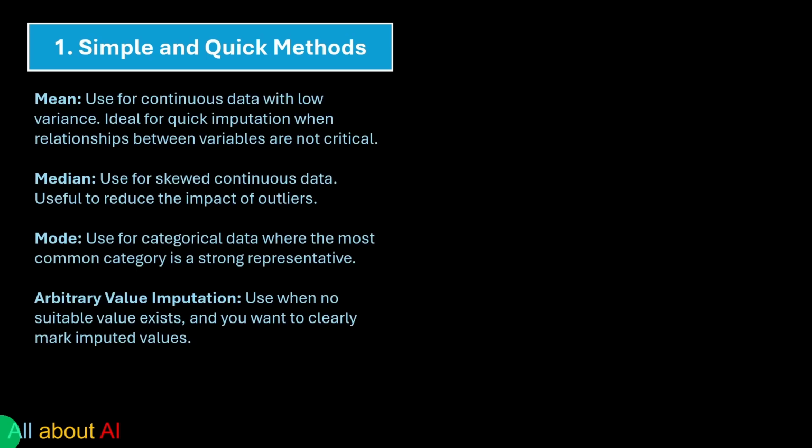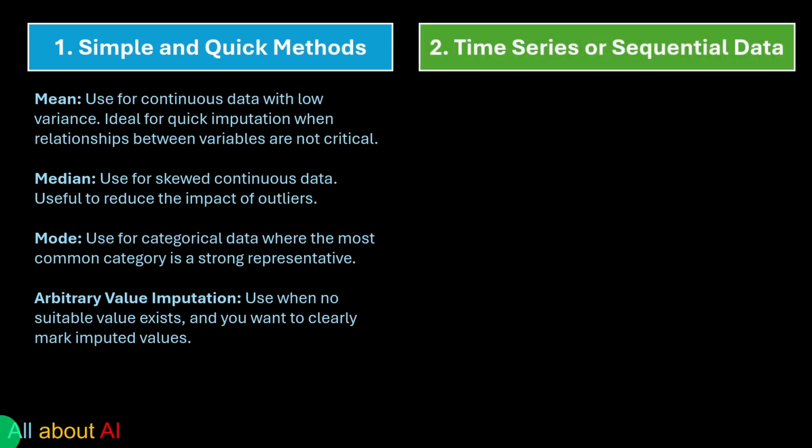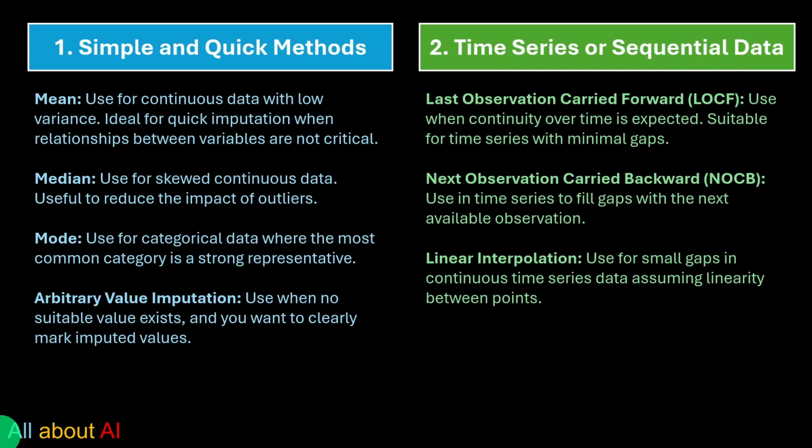There are 6 techniques that we can implement to impute missing values. The simplest methods are mean, median, mode, and arbitrary value imputation. You can use one of them based on your situation. The next method is based on time series or sequential data. For these cases, we can use last observation carried forward (LOCF), next observation carried backward (NOCB), or linear imputation.